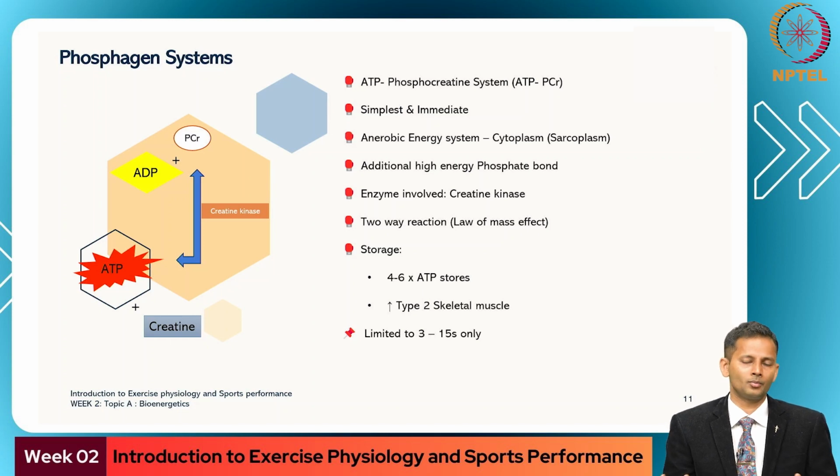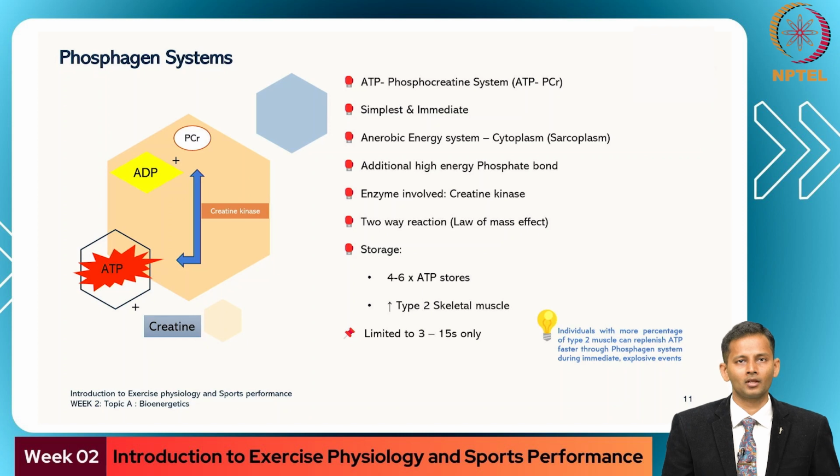And again, this is limited only to a very short period of time, that is between 3 to 15 seconds only, depending on the intensity of the activity. So one important thing that you should remember here: individuals who have more composition of type 2 by birth or because of their sports training, say for example power lifters or shot put throwers, their activity involves a lot of type 2 muscle activation and training.